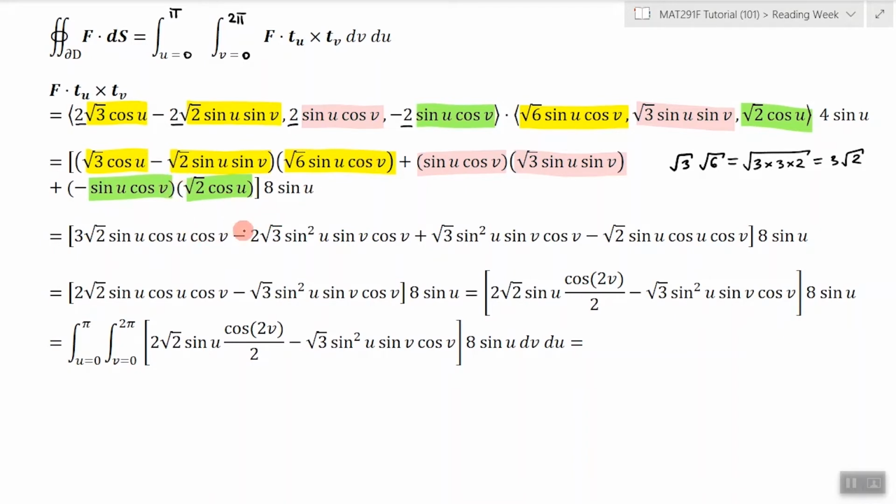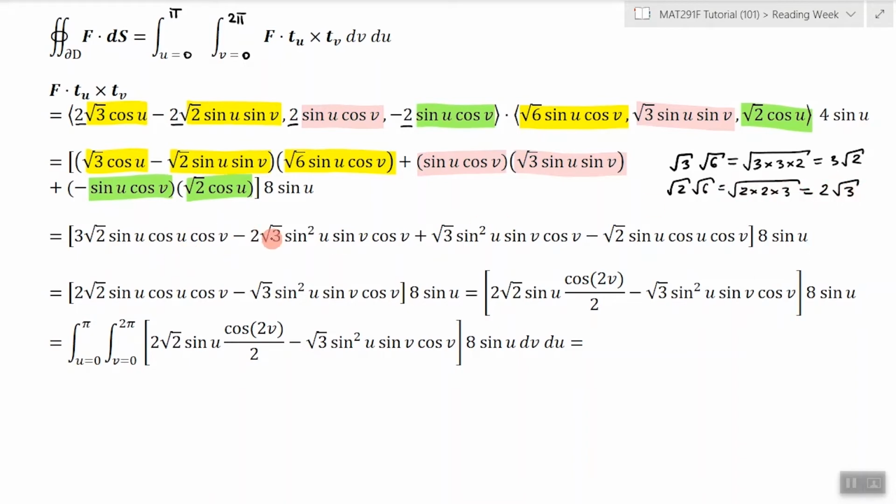The next term over here, for root 2 times root 6, I have root 2 times root 2 times root 3, that's how I got 2 root 3.